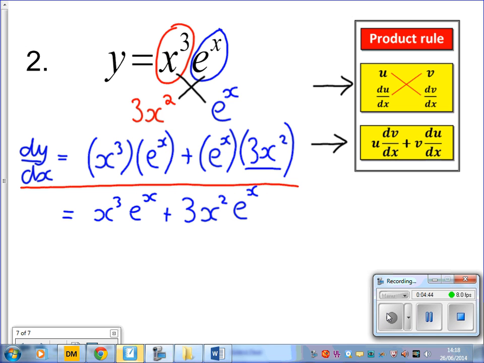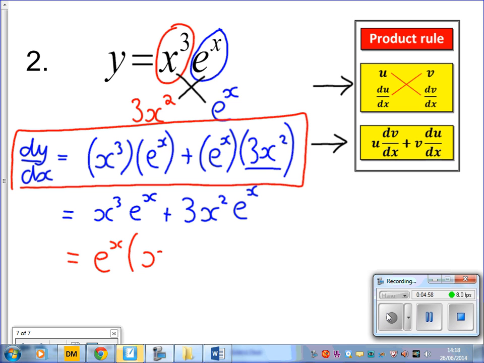It's good if you're happy to get to this stage just here, and this is just a little bit more tidying up. You could do an extra stage and take e to the x out as a factor. So if I've taken e to the x out of here, I'm left with x cubed. If I take e to the x out of this term, I'm left with 3x squared.